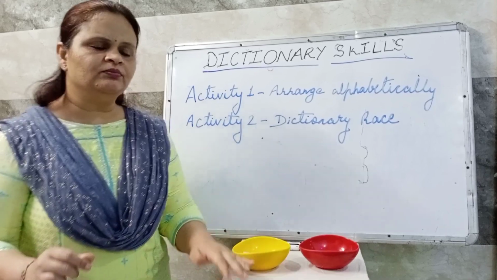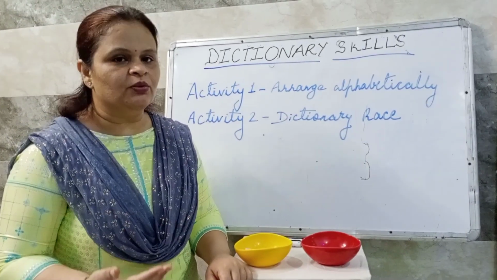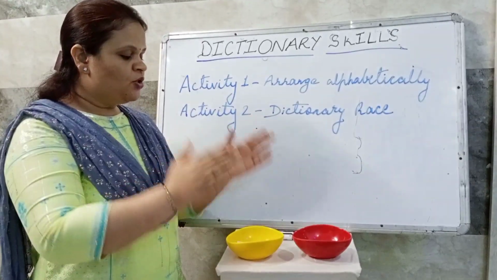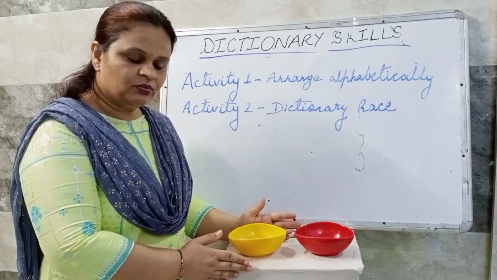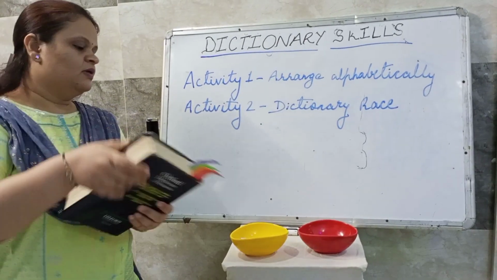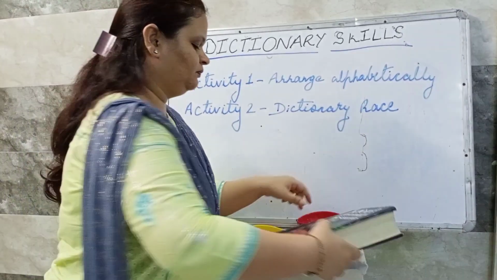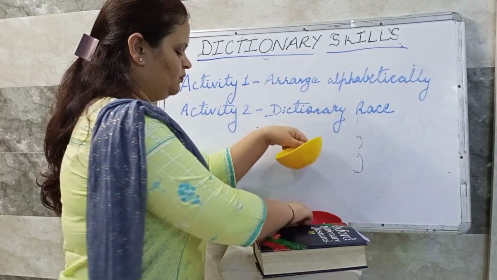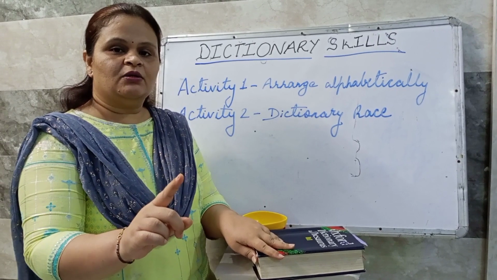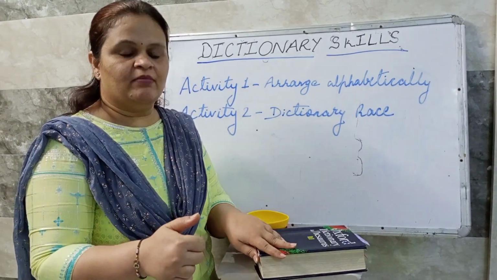Now any one of you can play the game first. The game is, you have to keep the dictionary in front of you. I'll show you. See, this is the dictionary. Your partner will set the timer.